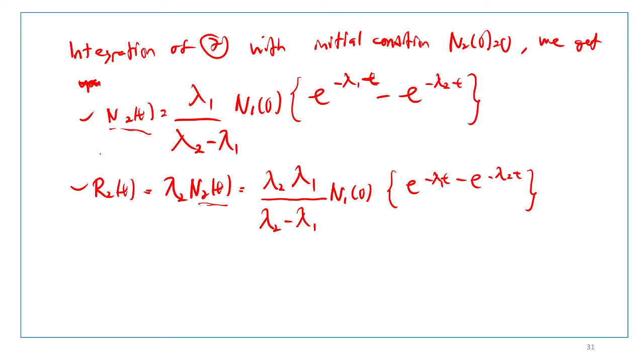This is the number of daughter nuclides. And if you plot on the same graph, there is t, this is N(t). This is not zero; we don't fix that zero. To make our discussion easier, this point is not necessarily zero.